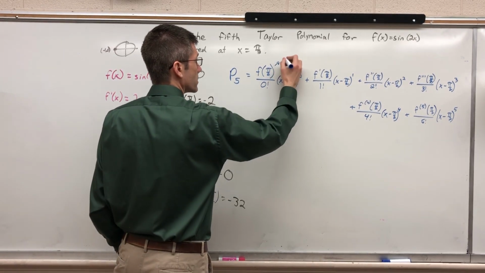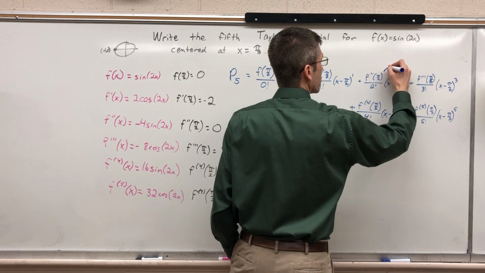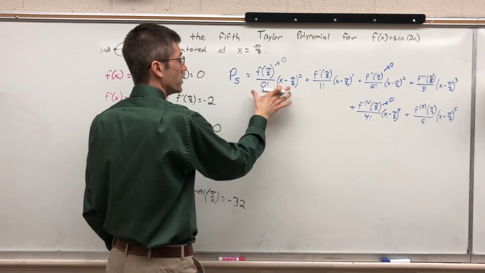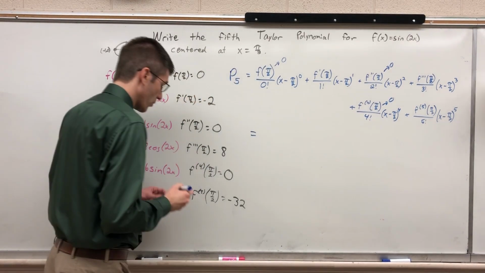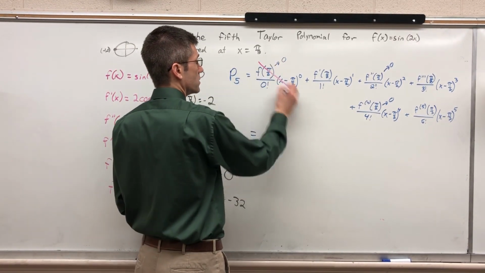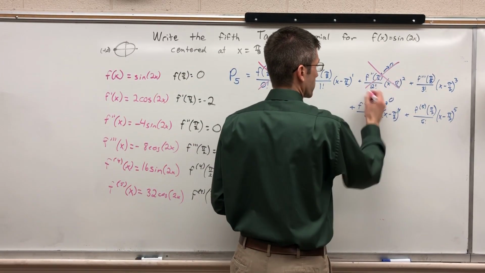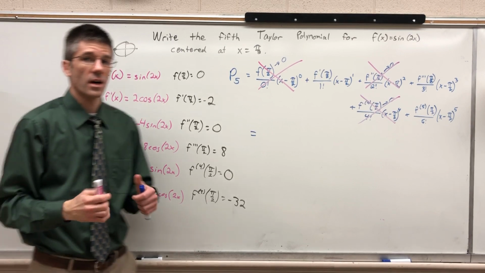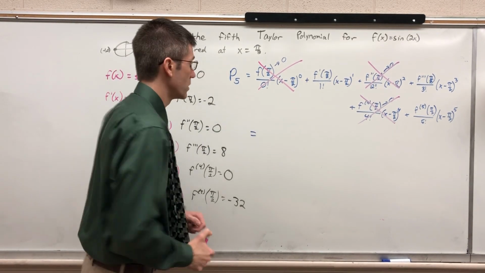This whole thing right here is 0, and this one is 0, and this one is 0. So this term, and this term, for what we're dealing with, they're gone. So if you wanted to, you could just say that one's gone, and that one's gone. There we go. So we're only left with the odd number derivatives.